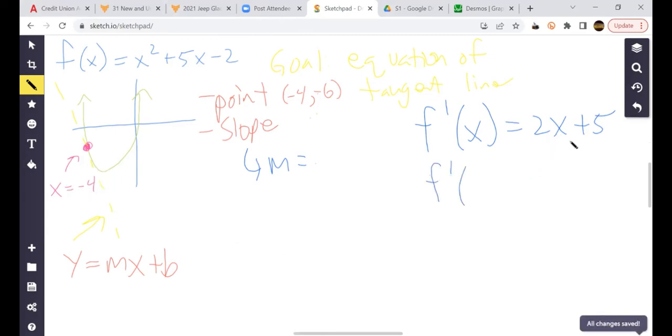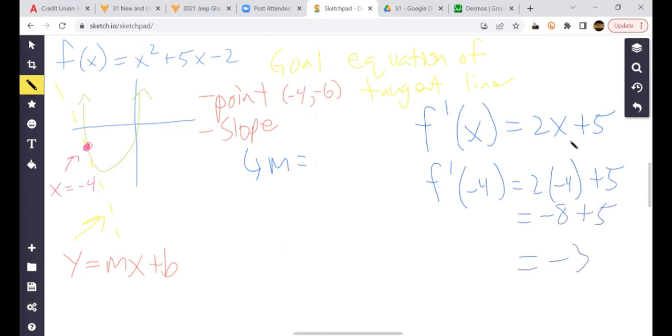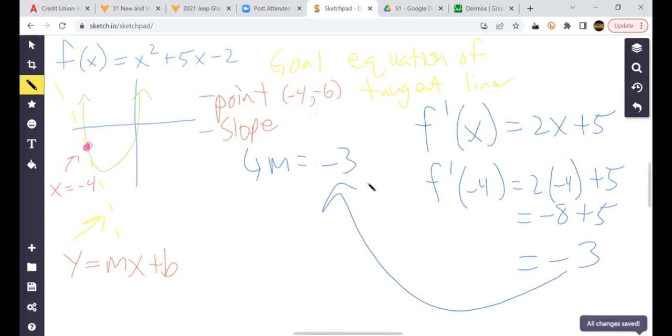So f prime of negative 4 equals 2 times negative 4 plus 5. So negative 8 plus 5 is negative 3. And that, my friends, is the derivative. But what it plays the role of here is the slope of your yellow line. And that's so appropriate because look at the yellow line. It has a negative slope.